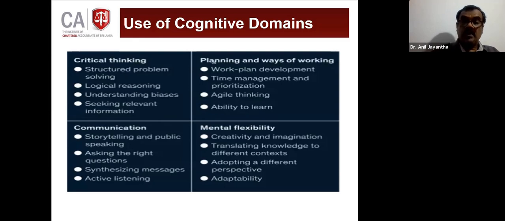Then adopting a different perspective. This matters especially when it comes to the strategic management part. Because in strategic management, there is no hard and fast rule in business management nowadays that this is the way, this is the only way. That concept is gone. Why?